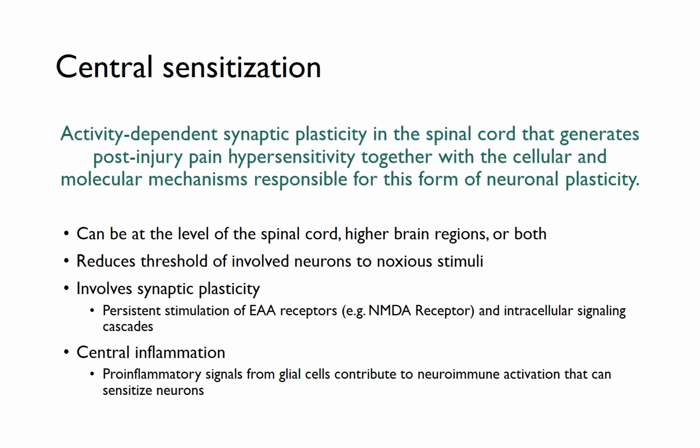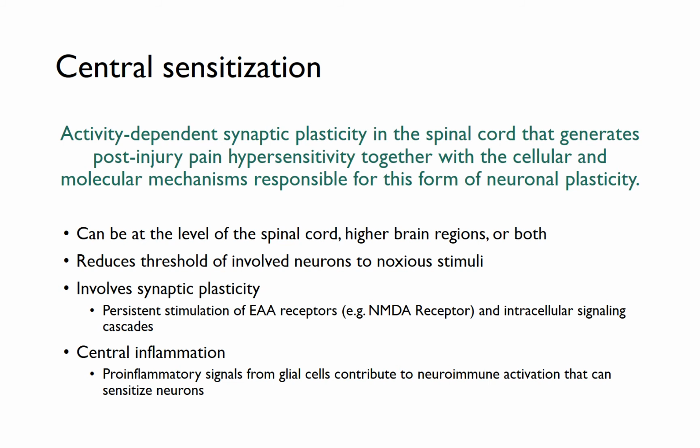It involves synaptic plasticity, particularly persistent stimulation over and over again of excitatory amino acid receptors. If you know what those receptors are that bind those excitatory amino acids, they are the NMDA receptors, non-NMDA receptors, if you remember those. And then persistent stimulation through intracellular signaling cascades.